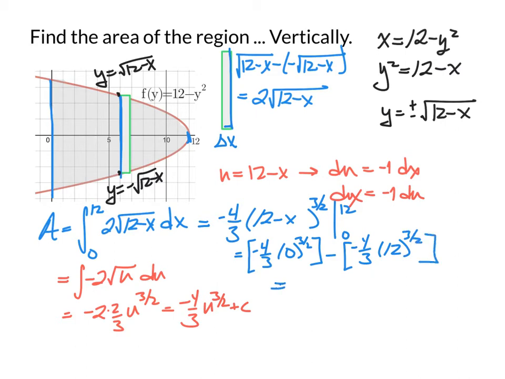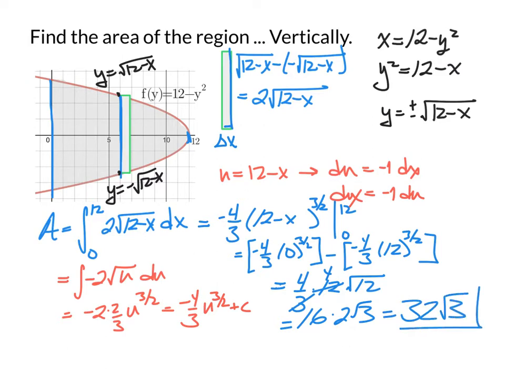So we're left with 0 minus negative, so positive 4/3. 12 to the 3 halves would be 12 square root of 12, which is 16 times 2 root 3, and that's 32 square root of 3. Right? That'd be the entire process of calculating that exact area.